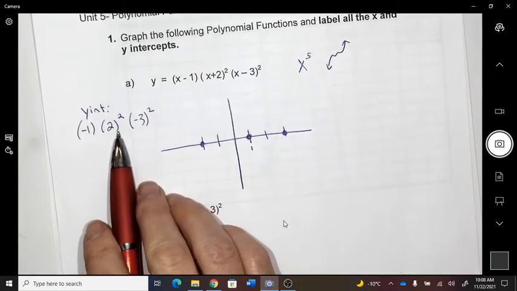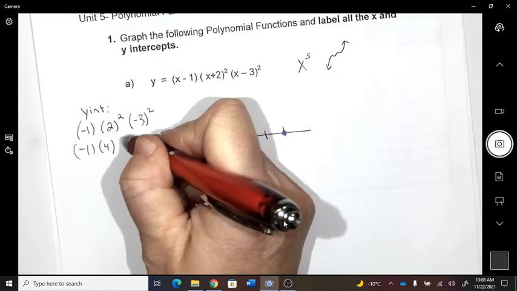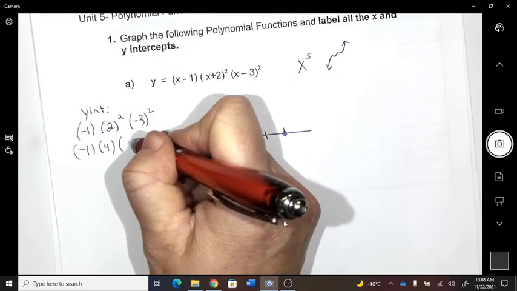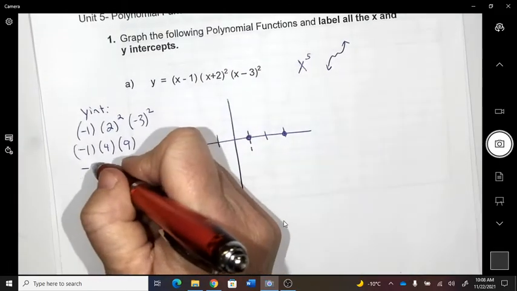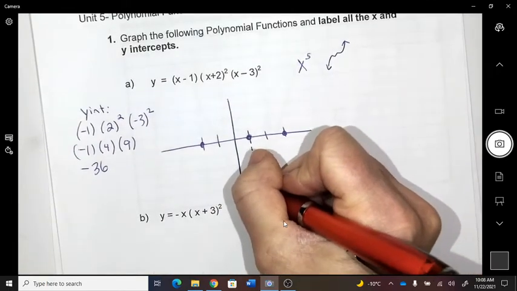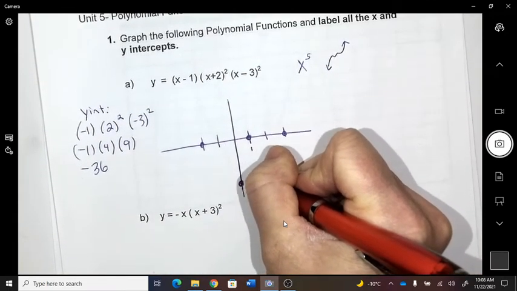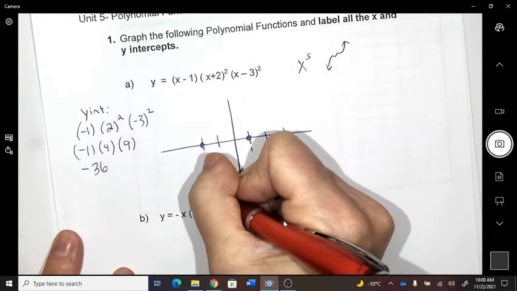So I'm going to go negative 1 times a positive 4 times a positive 9 makes negative 36. On that I'm just going to do that as a label because I'm not going to give you 36 tick marks or anything.